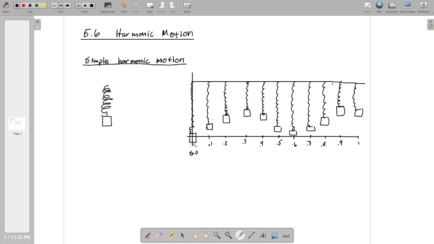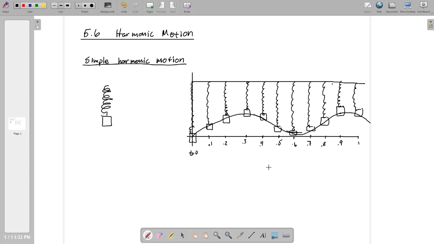I want you to notice this path. It goes up, down, up, down. So it'll keep oscillating back and forth. And if we look at this, we can see that we have a sinusoidal curve. We get this path, this curve that looks like a sine curve or a cosine curve.